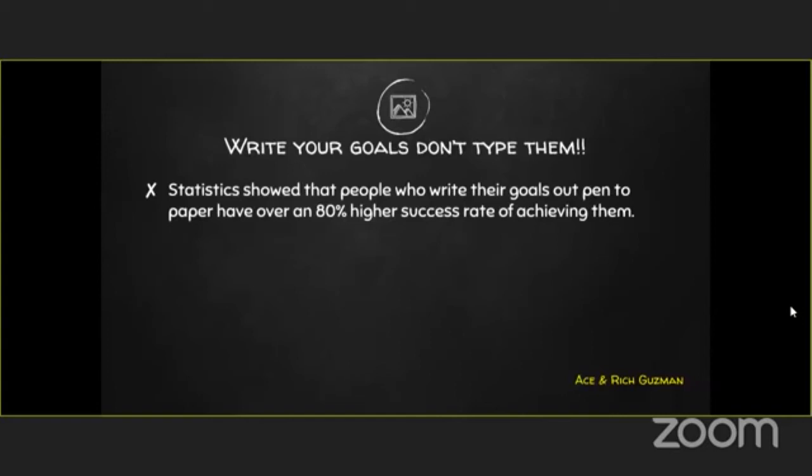This is why journaling is such a key factor in many entrepreneurs' lives. Donald Trump writes in his journal. Warren Buffett writes in his journal. Napoleon Hill writes in his journal. These leaders, these influential billionaires, people of wealth, they write in their journal because pen to paper is more realistic to them than typing it out.